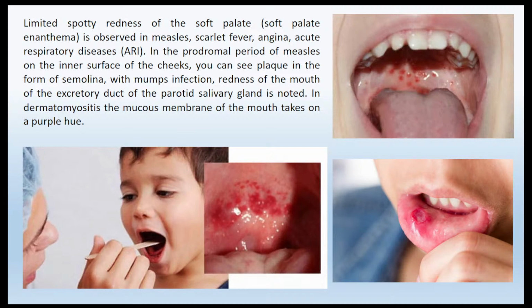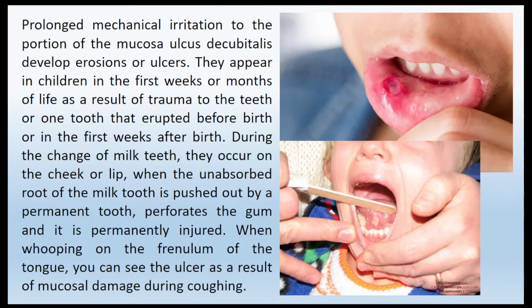With mumps infection, redness of the mouth of the excretory duct of the parotid salivary glands is noted. And also you can see an ulcer as a result of mucosal damage during coughing in the lower picture.